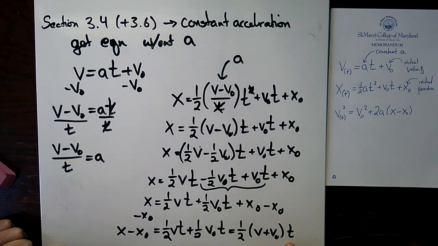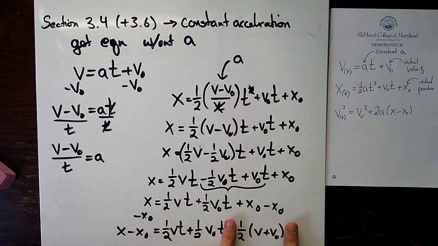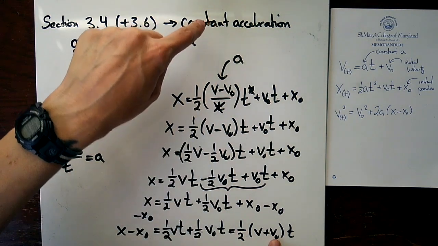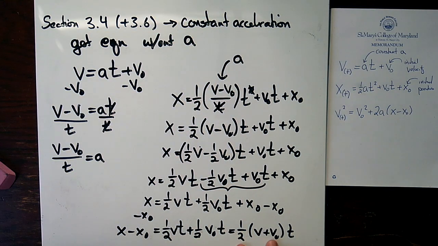And the reason I wrote it like this actually has some physical intuition here. You have your change in position is equal to, well, this guy is the average velocity. The velocity you've got now plus the initial velocity. If your acceleration is constant, this guy is the average velocity multiplied by time. So let's write that equation down too.